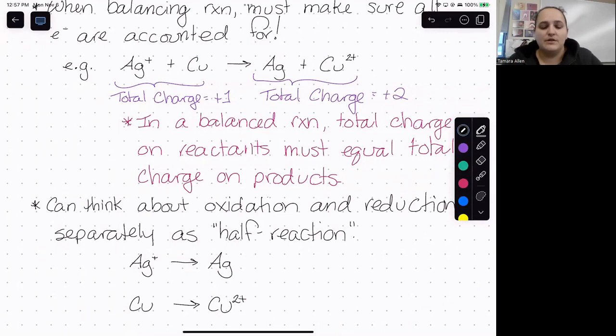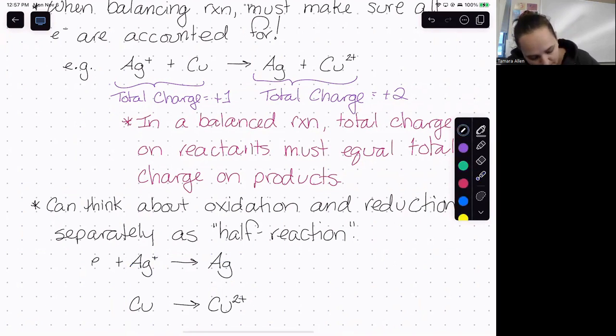So at this point, we can think about what must be happening in terms of electrons in order for these charges to change the way that they are changing. Remember that electrons are negatively charged. So in order for something to go from a +1 charge to 0 charge, it must be gaining an electron. Cations have fewer electrons than neutrally charged atoms.